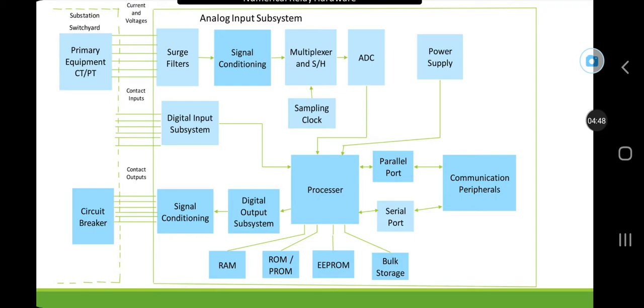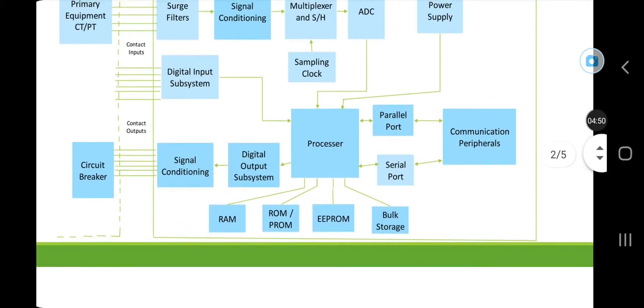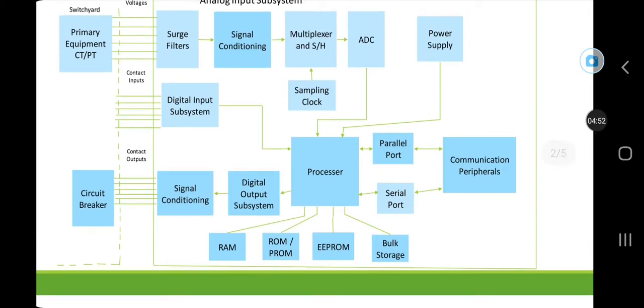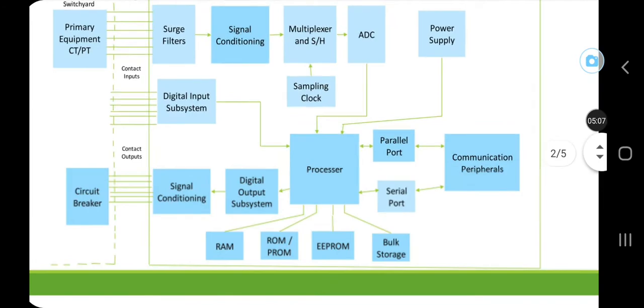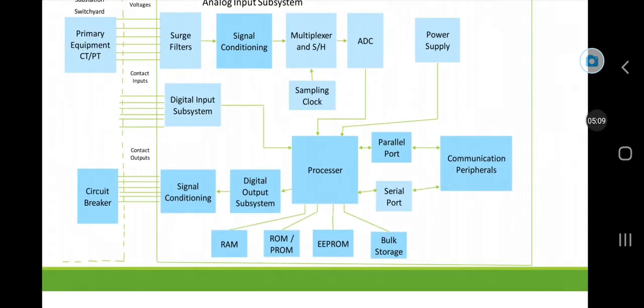Next is the data and the program storage. Data and program storage have the random access memory, read only memory, EEPROM, and there is a bulk storage. So, the random access memory of the computer holds the acquired samples from the input system.